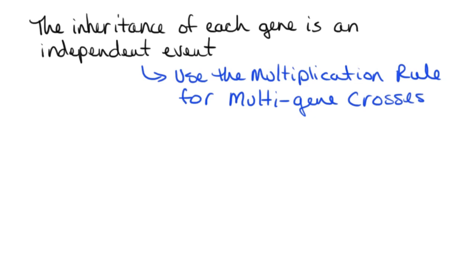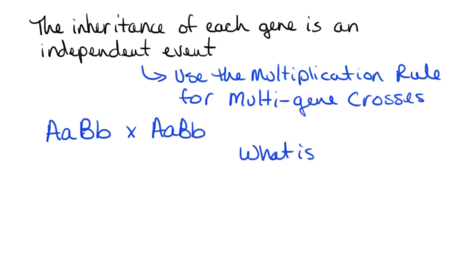And so if we look at an example here, if we had this cross, for example, and we wanted to know what is the probability from this cross of, I'm going to say, this particular offspring?